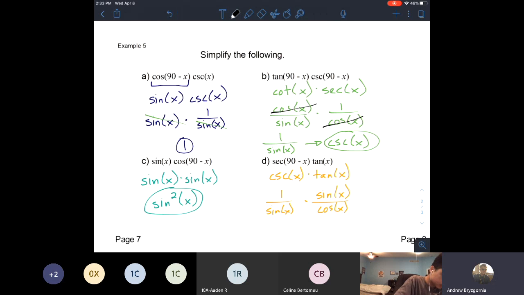Now this is looking a lot like B, except this time the sines are going to cancel rather than the cosines. We get 1 over cosine. And then what is 1 over cosine equal to? Secant. Good, yeah, secant. And so there's the answer for the last one.